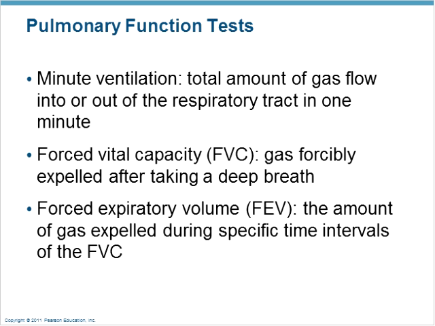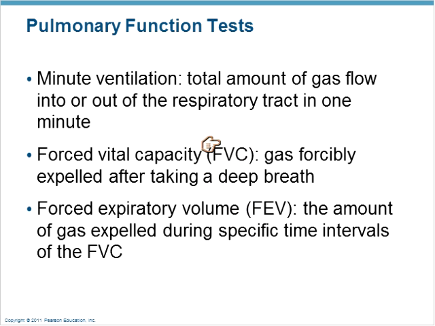The minute ventilation is the total amount of gas flow in or out of the respiratory tract in 1 minute, so that's called minute ventilation. Forced vital capacity is the gas forcibly expelled after taking one deep breath. So if I take a deep breath and I force the air out, I get my forced vital capacity. Forced expiratory volume is the amount of gas expelled during some very specific time intervals during the FVC.